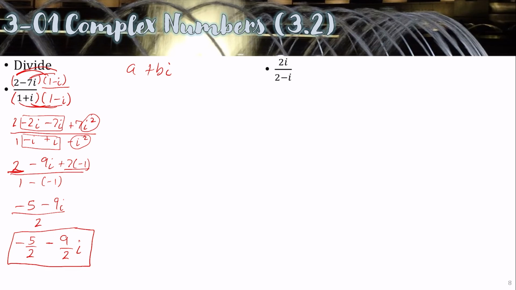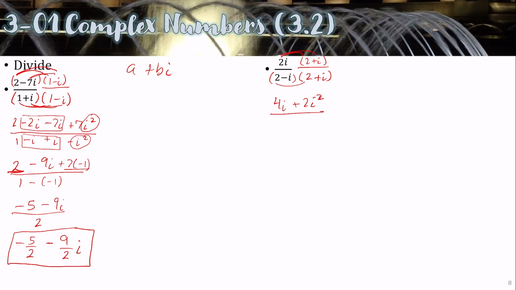Let's try again. Why don't you pause the video and try this one? The conjugate at the bottom would be 2 plus i. So I'll multiply the top and bottom by that. The top we could distribute to get 4i and 2i squared.